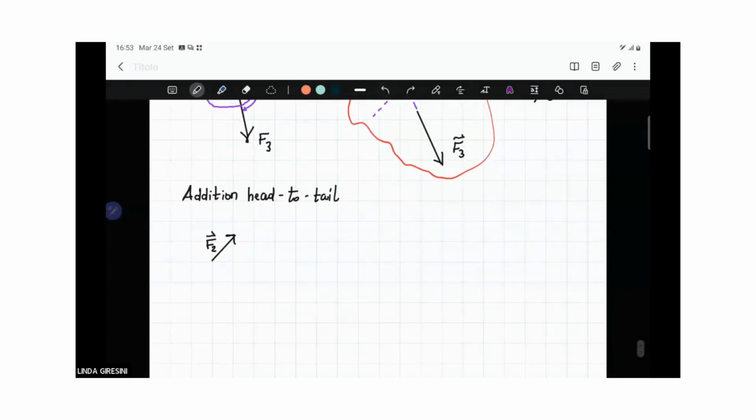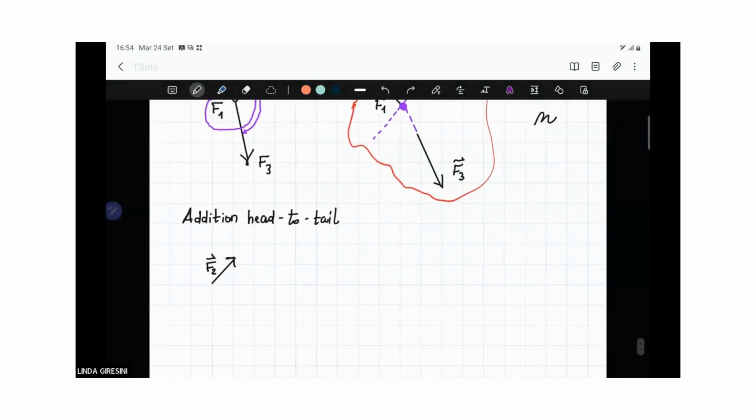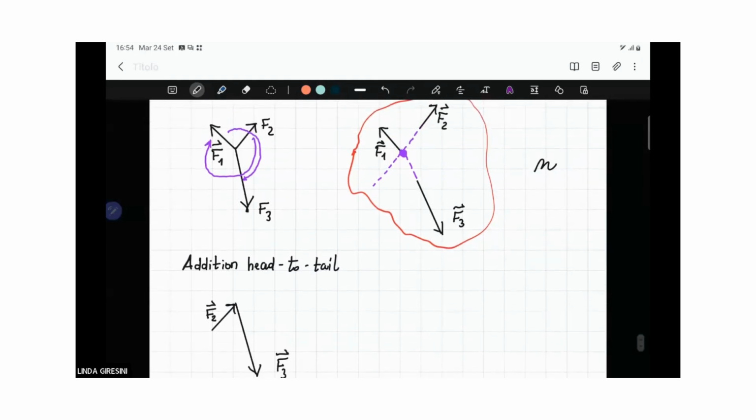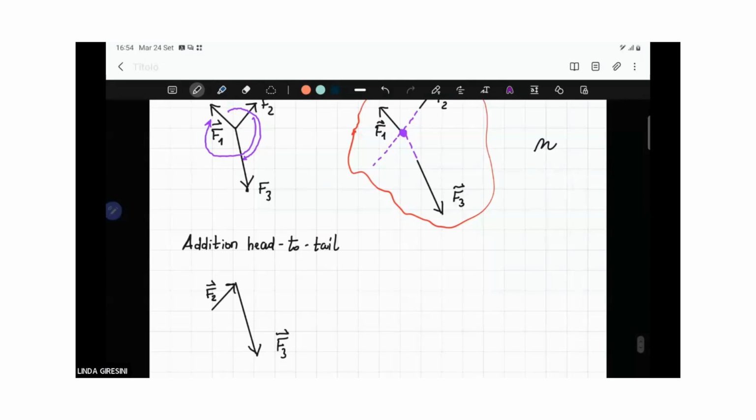These are not actually the same, let me see if I'm able to be parallel. Yes, like this, maybe better. This is F3. And then I have F1. So F1 is something like this. So you have to attach the head to the tail of the three vectors. It's a drawing, it's a graphical method, it's simple.